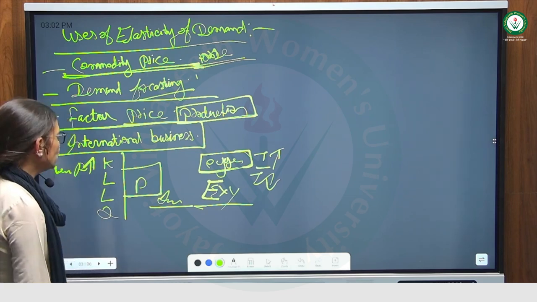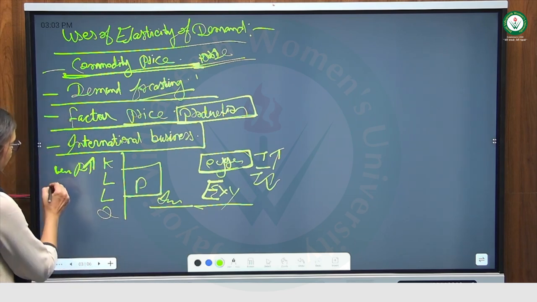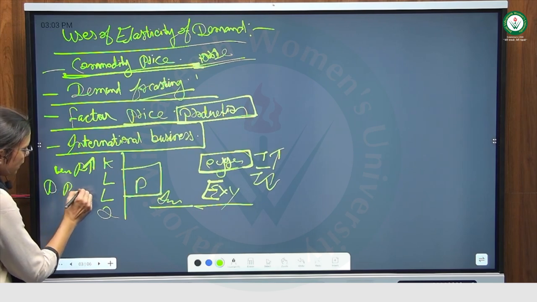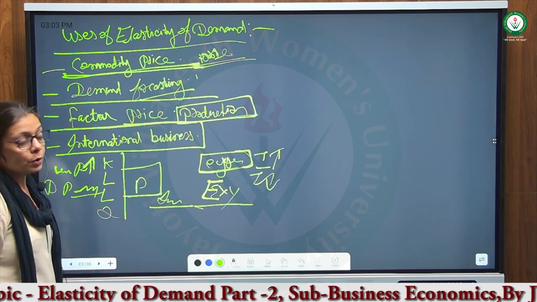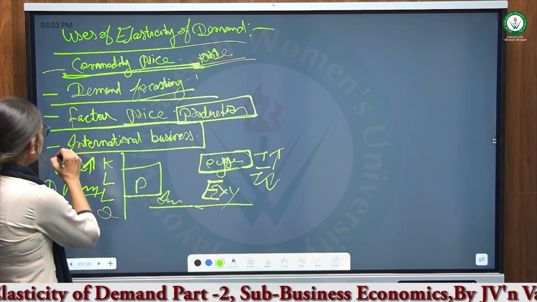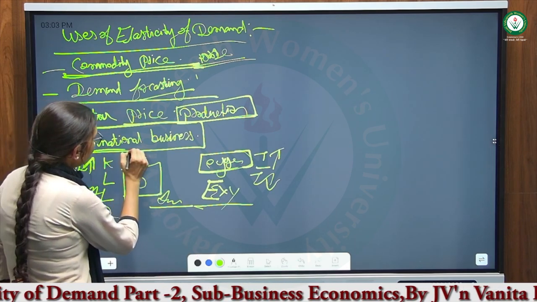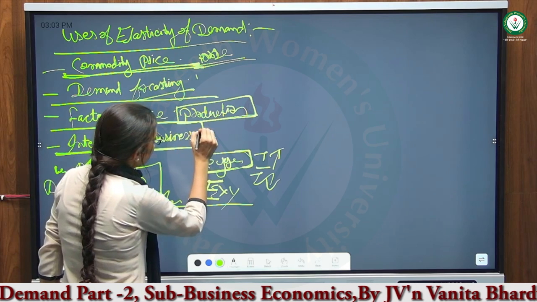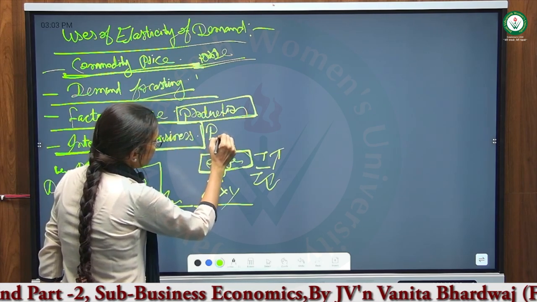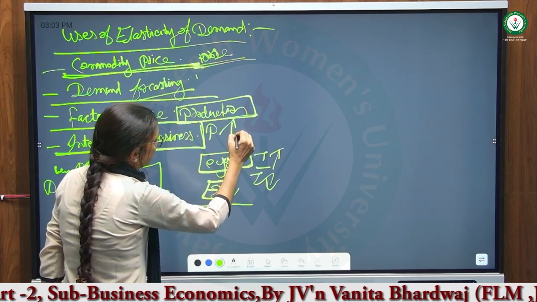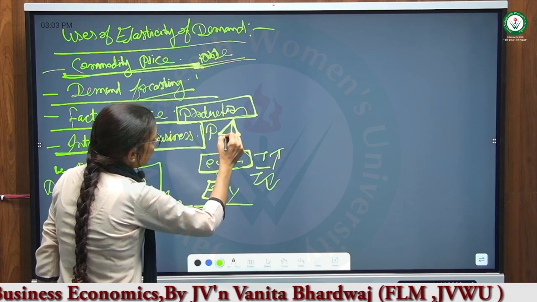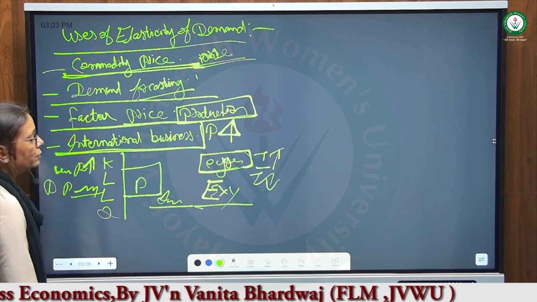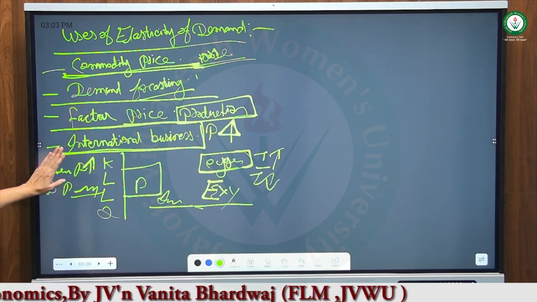In that situation, we can say the demand for petrol is inelastic. There is no alternative substitute for petrol. So in the international market, due to the inelasticity of demand for petrol, the price of petrol will go up. Then higher prices will be charged in international business.